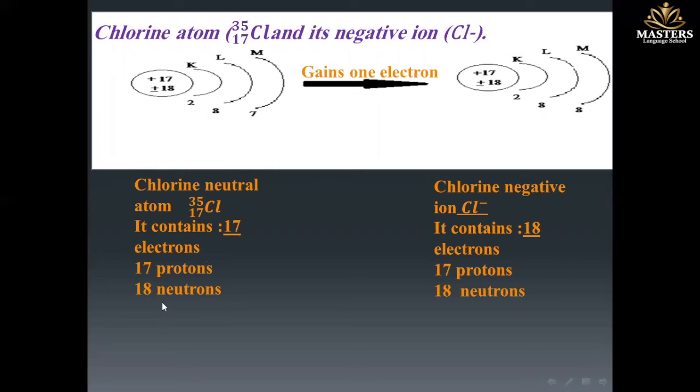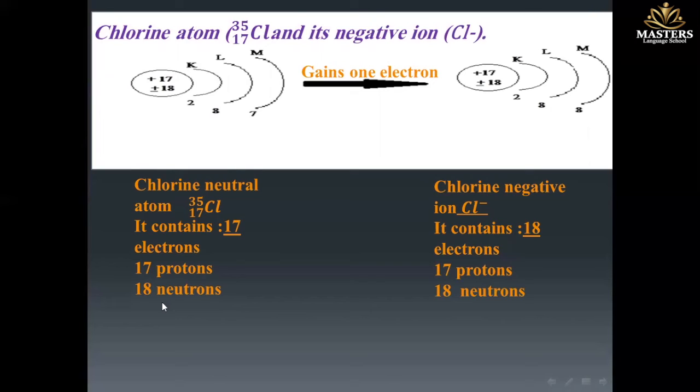When chlorine participates in a chemical reaction, it tends to gain 1 electron to make the outermost energy level saturated with electrons, and the chlorine negative ion contains 18 electrons, 17 protons, and 18 neutrons.